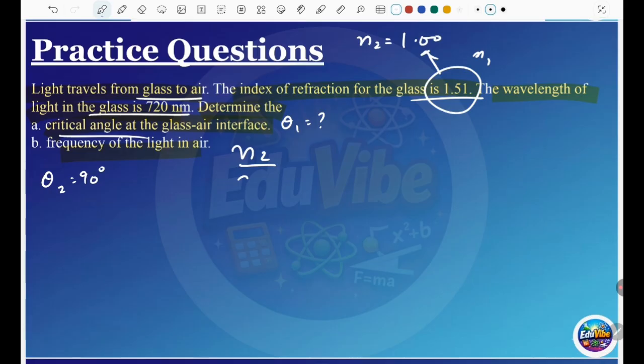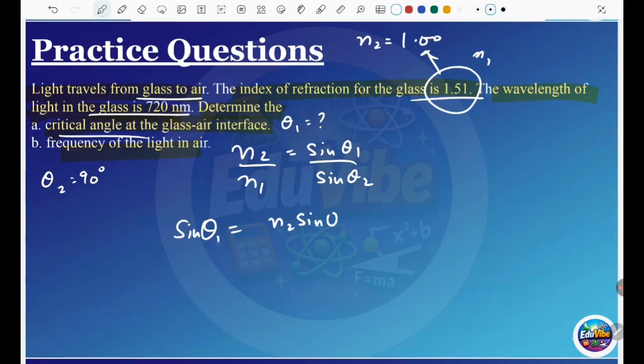We use the same formula, Snell's law: n2 upon n1 is equal to sine theta 1 upon sine theta 2. We find sine theta 1, which is theta c. So sine theta 1 is equal to n2 sine theta 2 upon n1. Then you do the inverse sine.